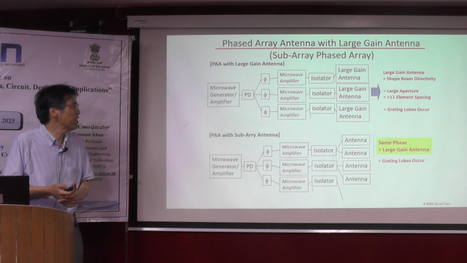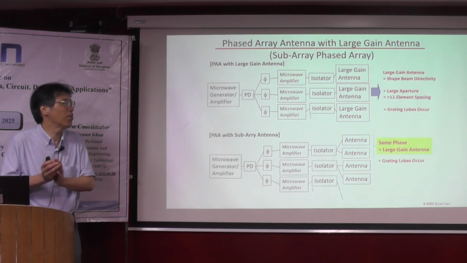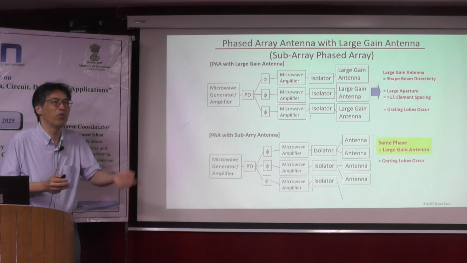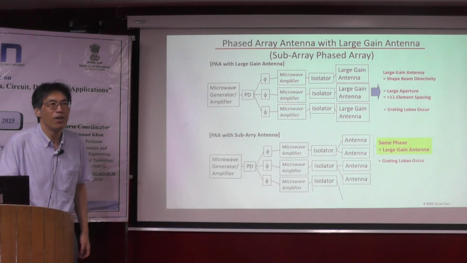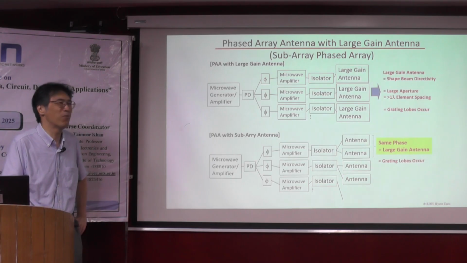But now there is no best technology to suppress the mutual coupling while changing the beam direction. So it's a very good research topic for the future. And it will become costly again. So then, we have some way.